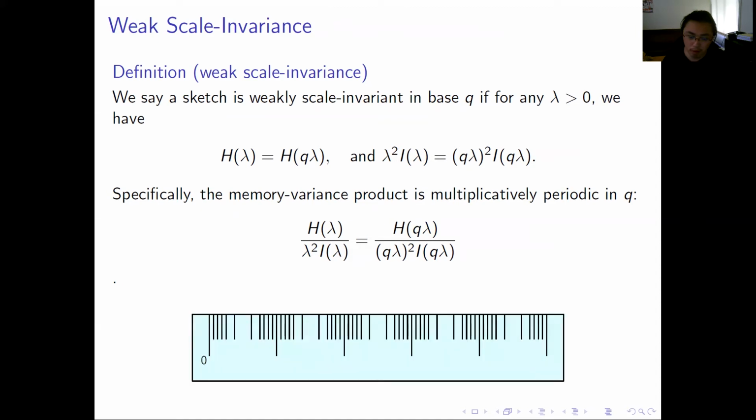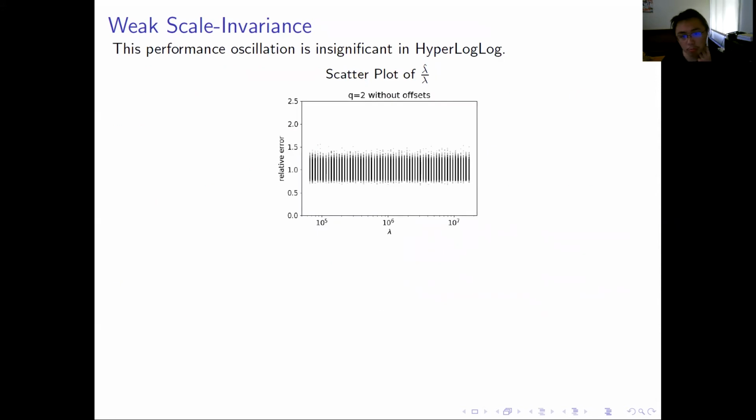Now, assuming this, as an analogy with rulers, we have a ruler with not fully even ticks, but where the distribution of the ticks is periodic, which is better than an arbitrary set of ticks.